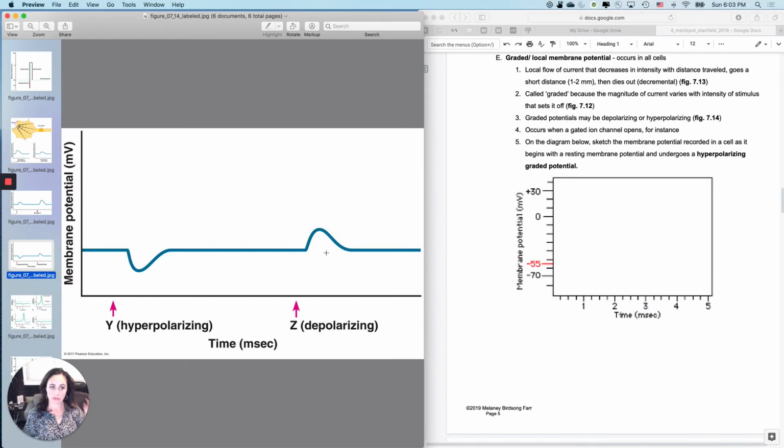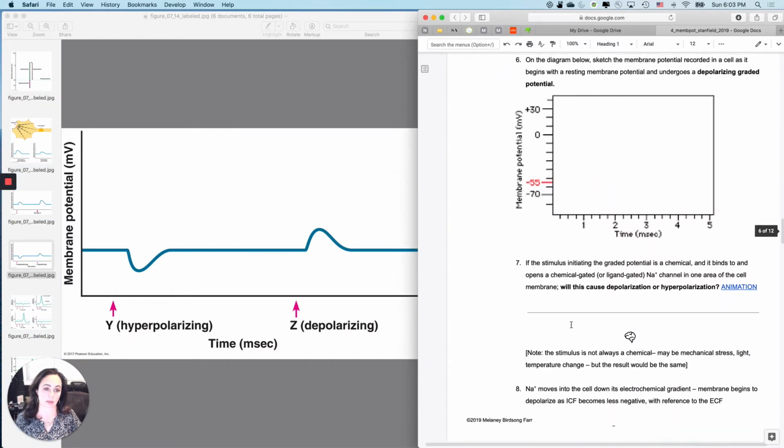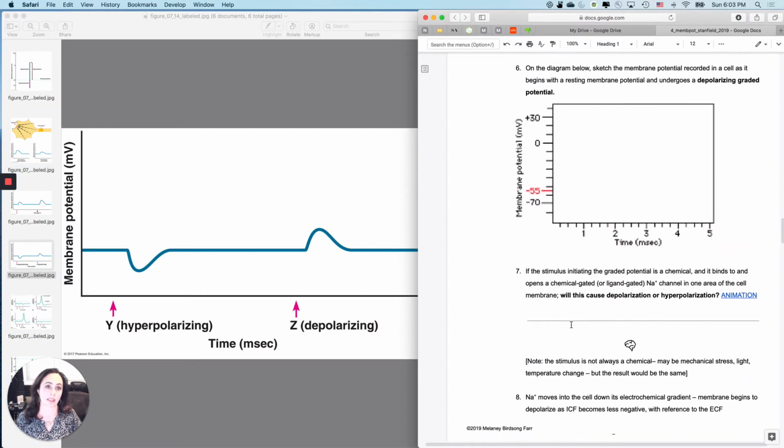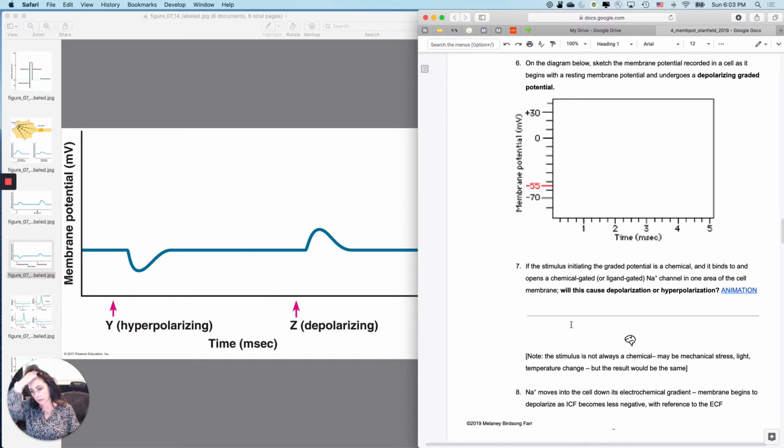All right, so now let's do the next one. The next one is kind of exactly what you would expect if you were thinking. On the diagram below, sketch the membrane potential recorded in a cell as it begins at resting membrane potential and undergoes a depolarizing graded potential.